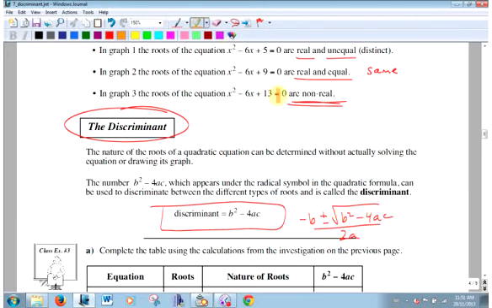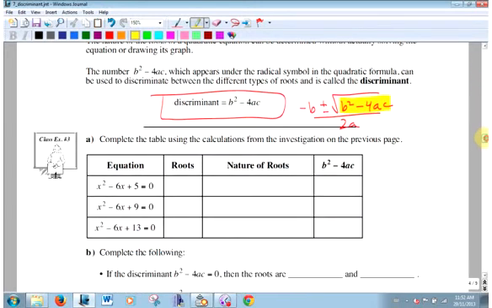Hey, looky there. That's the discriminant. So you don't have to memorize it. If you got the formula for the quadratic, and yeah, it's in your formula sheet, it's there. Now, does it say on your formula sheet, the discriminant is? No, you got to know this. That's the discriminant. The stuff under the radical sign.